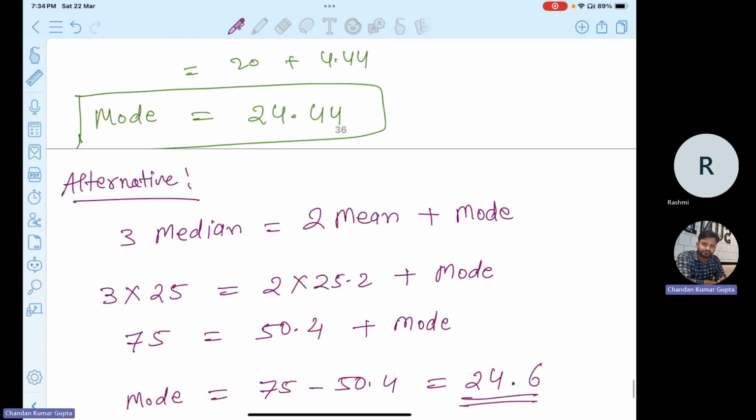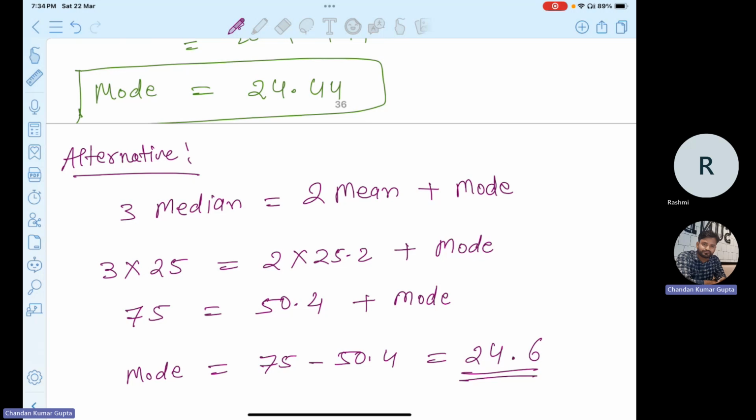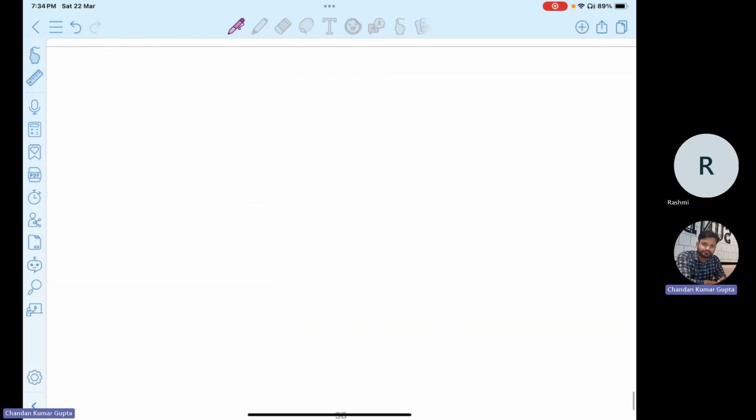So if we are using the formula, the modal value comes out to be 24.44. And when we use the empirical relation between the mean, median, and mode, the mode value comes out to be 24.6, which is quite close to each other. So this is how we are able to calculate the measures of central tendency. Any question up to this point?